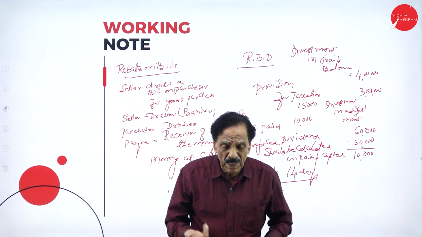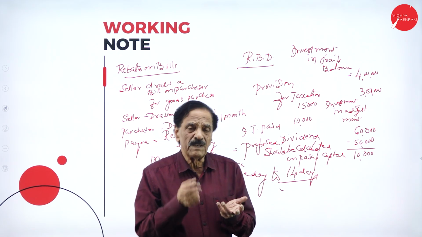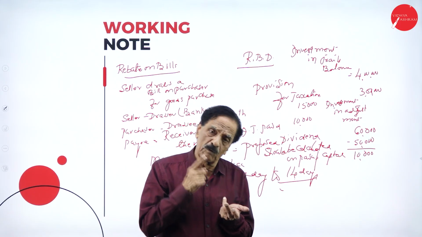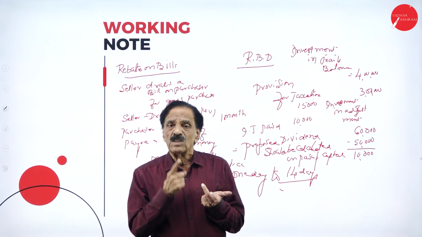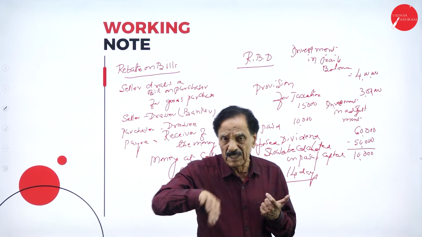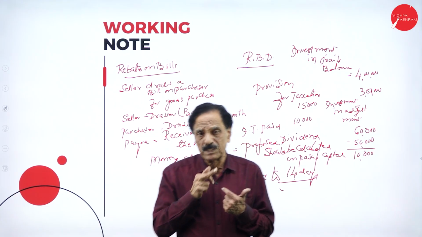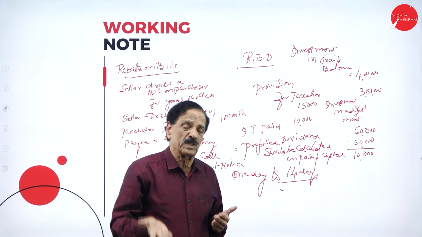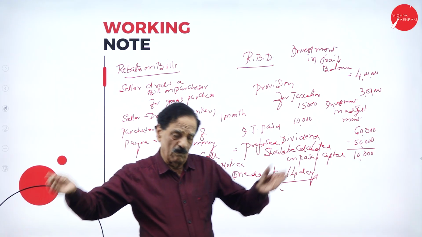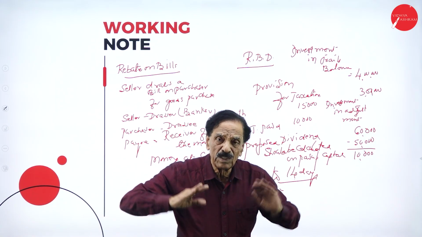Schedule number 16, operating expenses. Then provision and contingencies.